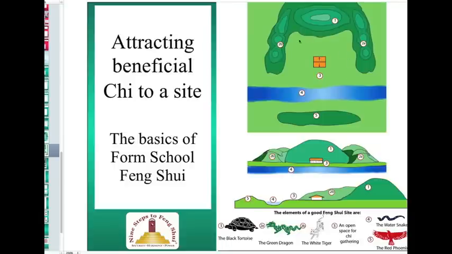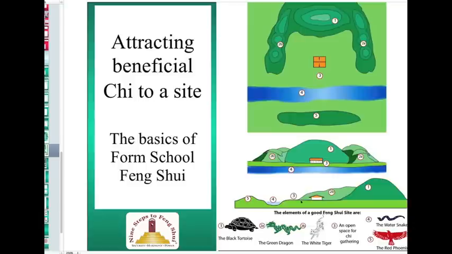You want to have a flat plot of land in between these features with enough distance around it. Facing the water is considered to be the most auspicious feng shui location, and to have something lower at the other side of the water, like in this case number 5 would be showing the red phoenix land formations, which are low valleys or very low hills.